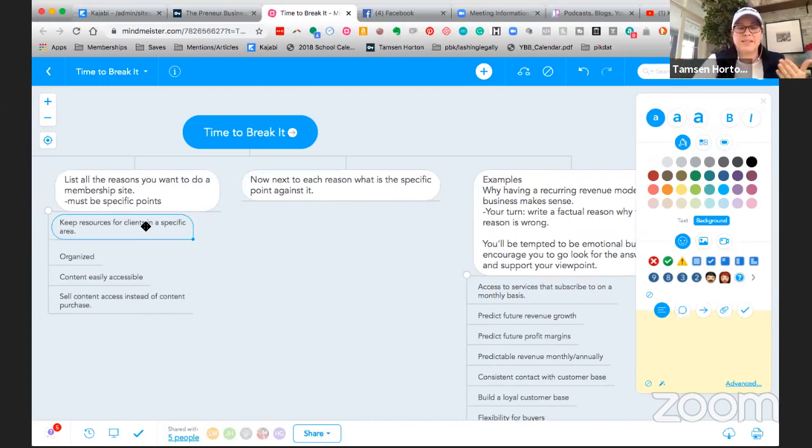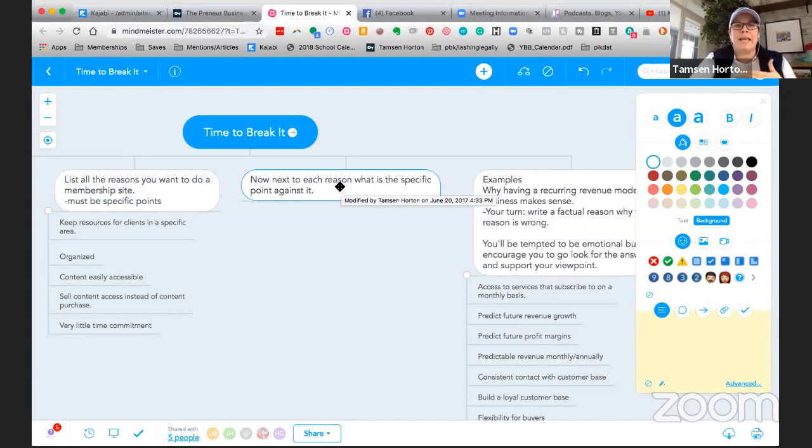But if somebody said, here, list all the reasons, very little time commitment. Then what I could say against that is membership is not very little time commitment. There are ways to be very smart about it, but you are managing relationships and you're managing stuff that goes into it.